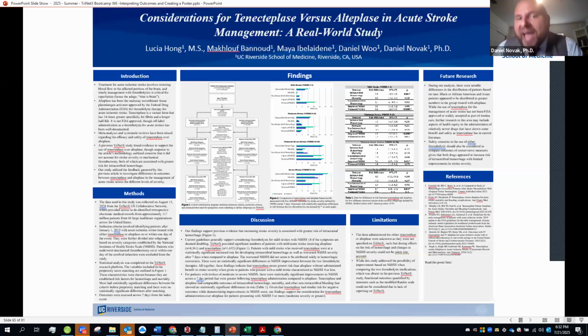And so the student went back to TriNetX and actually resolved some of those flaws and was able to come up with a much more robust finding for the study based on the NIHSS, which is the stroke scale that they have. So using that to help really understand alteplase and tenecteplase in context. So that was a very, very good study and very well done.